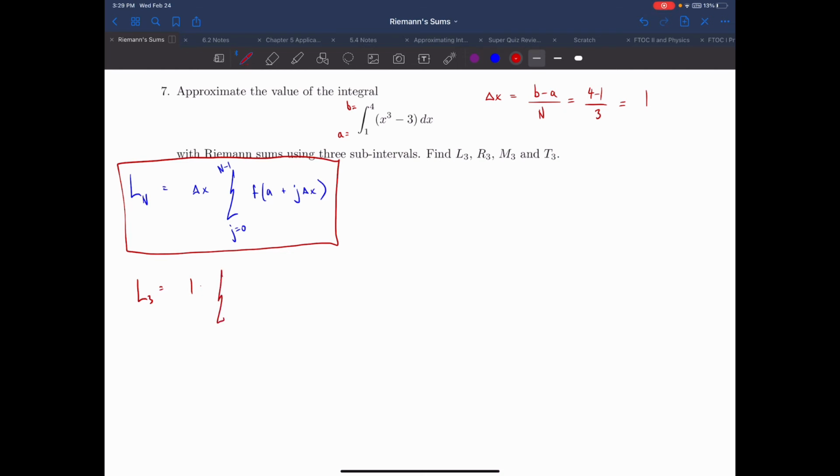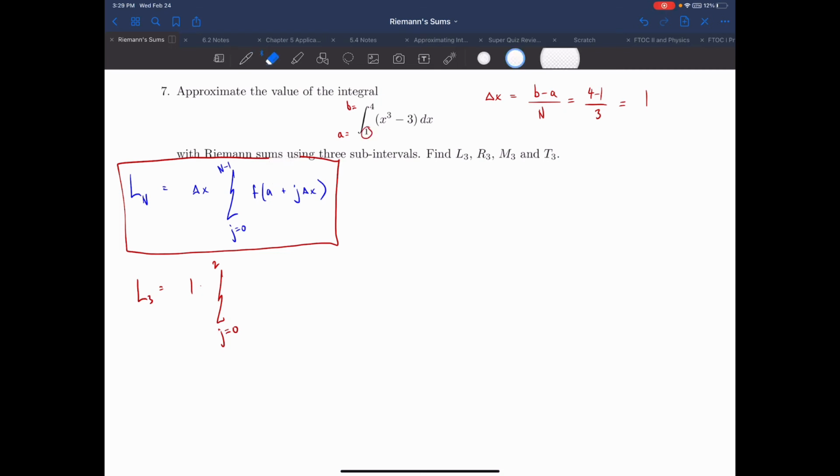And we're going to sum from j equals 0 to n minus 1. And n is 3, so this is 0 to 2, of f of a plus j delta x. Now this a right here in this case is going to be the a value of 1. So a is 1 in this.